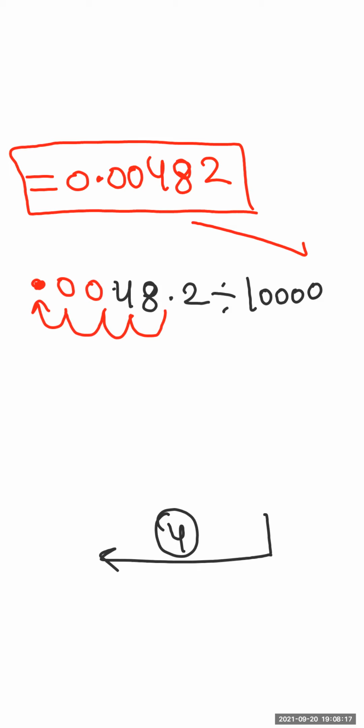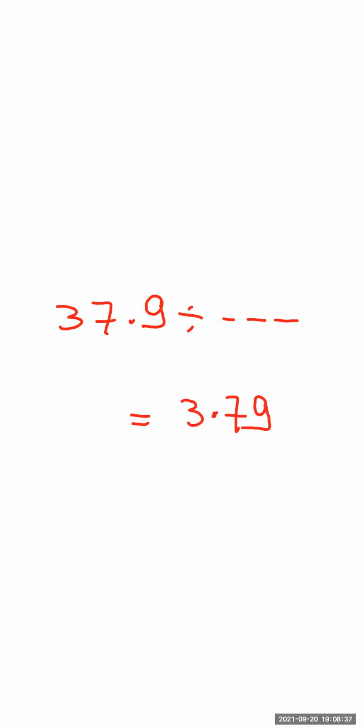Okay, great. Now I will ask one question. If there is a number like that one, 37.9, and it was divided by a number, so it equals 3.79. So what do you think, guys? That number was divided by what? How can we think about that?